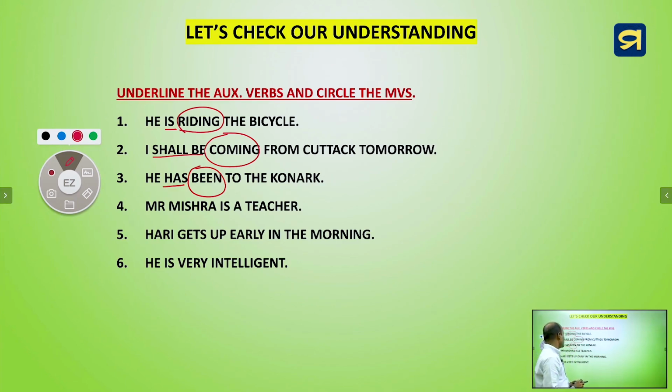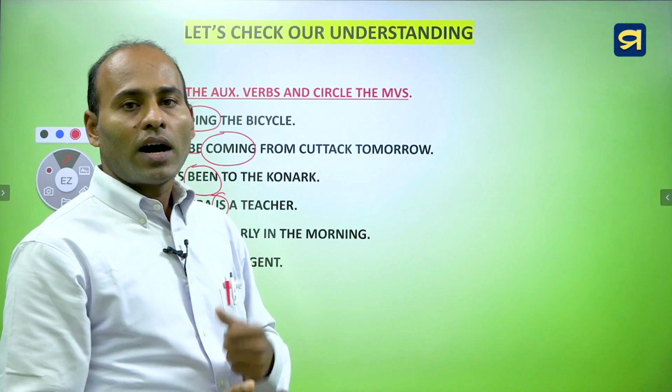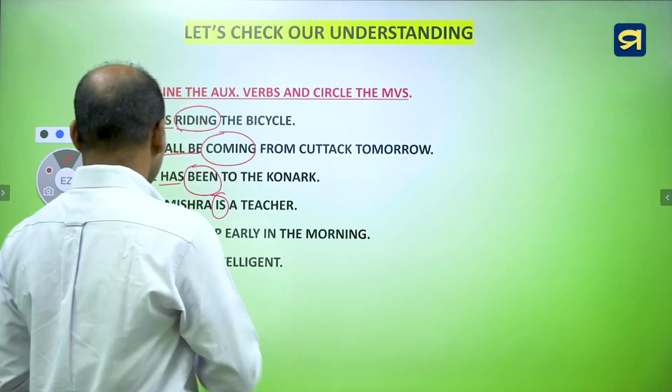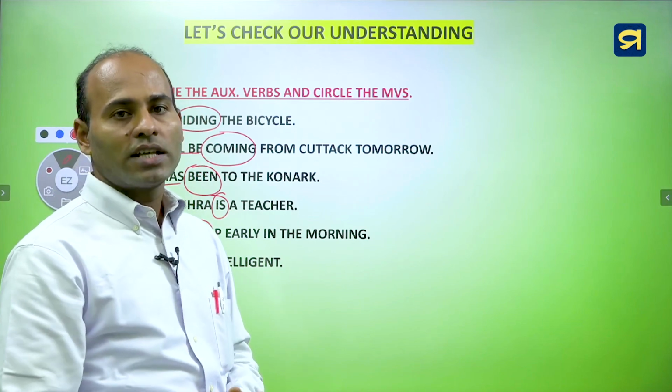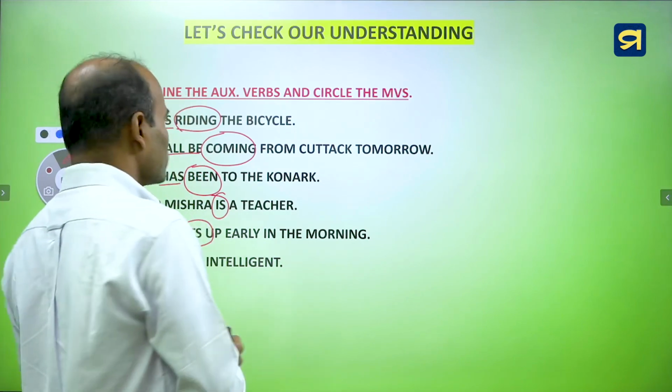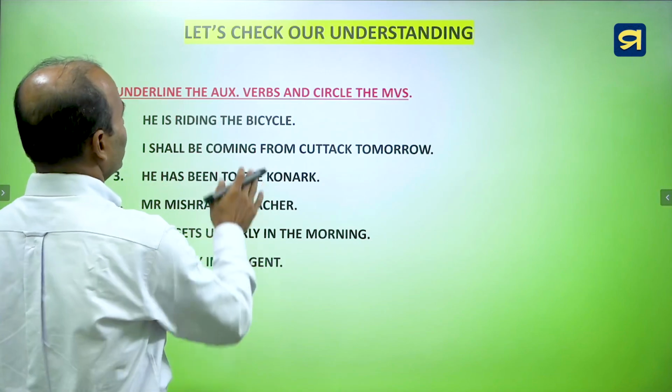Mr. Mishra is a teacher. This is the main verb. Hari gets up early in the morning. This is the main verb. And he is very intelligent. This one is the main verb. Because you already know that these are the primary auxiliaries, which can be used both as main verbs as well as auxiliaries. Okay? Keep learning.